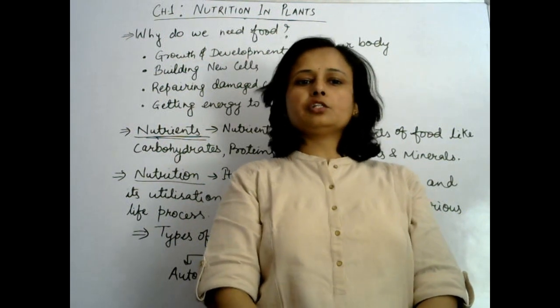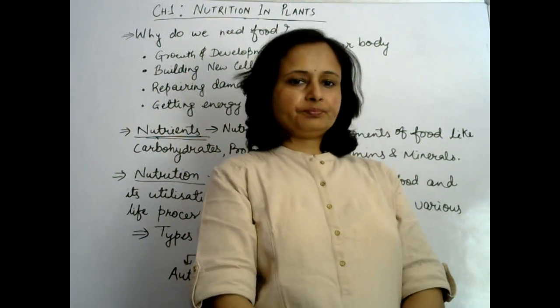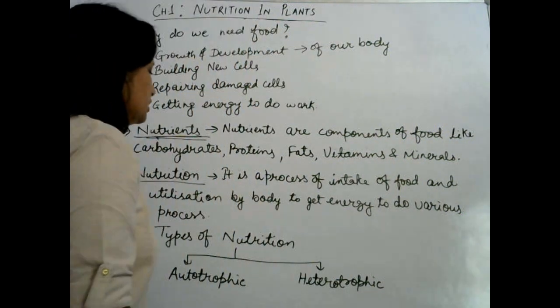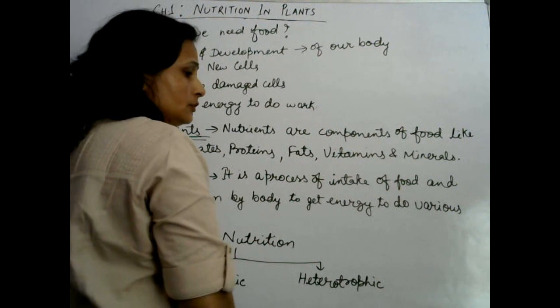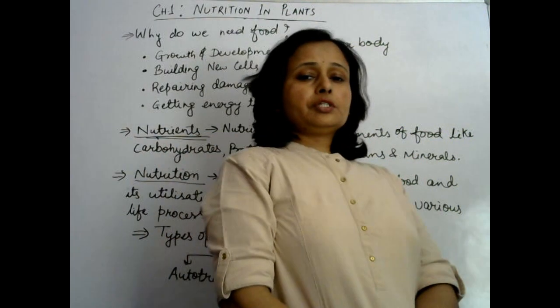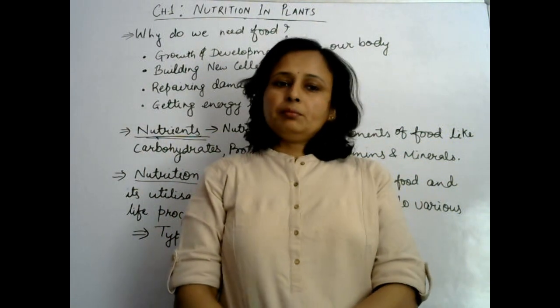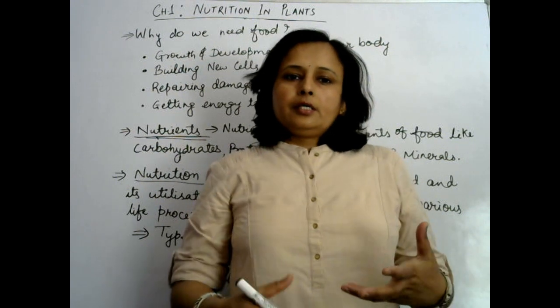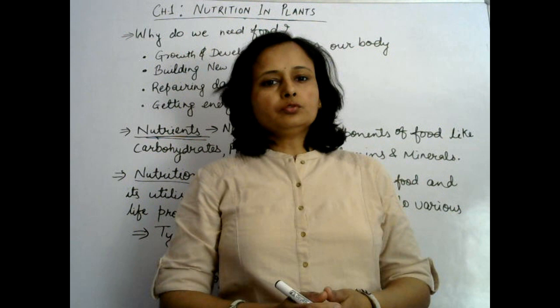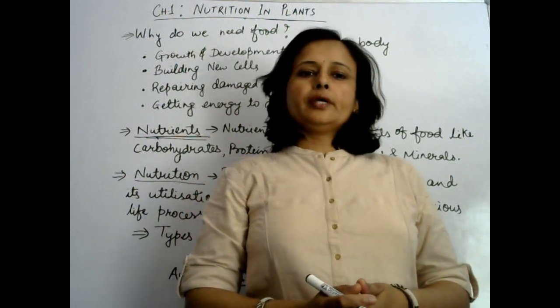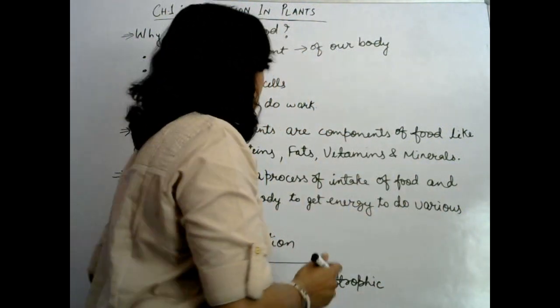Grade 7 science, that is nutrition in plants. Our chapter name is chapter 1, nutrition in plants. Well, what does nutrition mean? Nutrition means taking food to get energy. It is a process of taking food to get energy. So, taking food by plants.